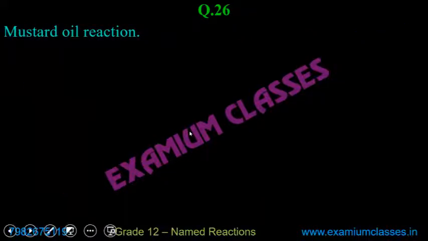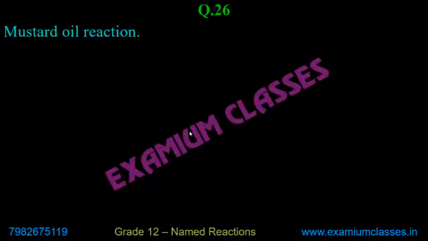Next, the mustard oil reaction. Not very frequently asked, but it is important because it has been asked in, I think, 2012, then 2015, then 2017. Chances of this one appearing this year. So again, the conditions are similar to the previous one.